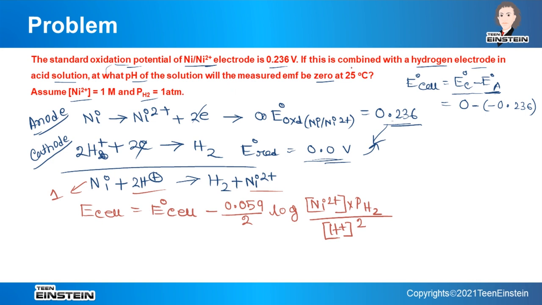Now here, see, if this is combined with a hydrogen electrode in acid solution, at what pH of the solution will the measured EMF be 0? That means if this is 0, under that condition, what is the pH? So now we can write E naught cell, which is basically 0.236, equal to 0.059 by 2 log, these are 1, this is 1, this is also 1.